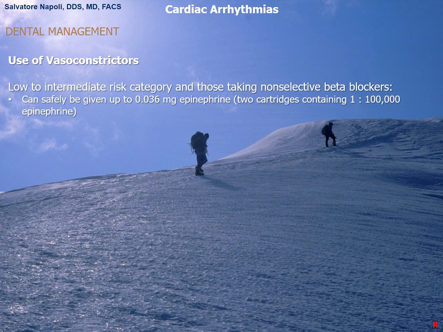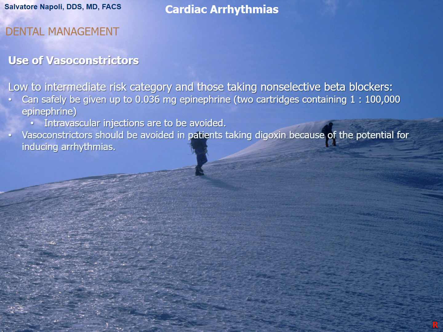Now, low to intermediate risk category patients and those taking non-selective beta blockers like propranolol can be safely given up to 0.36 milligrams, which is contained in, for example, 2 cartridges of local anesthesia, relatively safely. Of course, you don't want to administer an intravascular injection. Vasoconstrictors should be avoided in patients taking digoxin because of a potential for inducing arrhythmias.